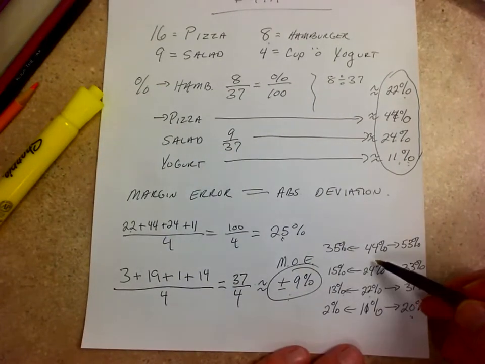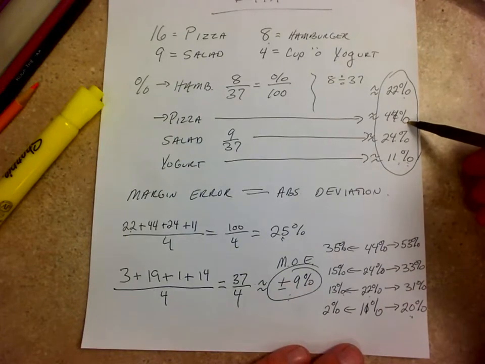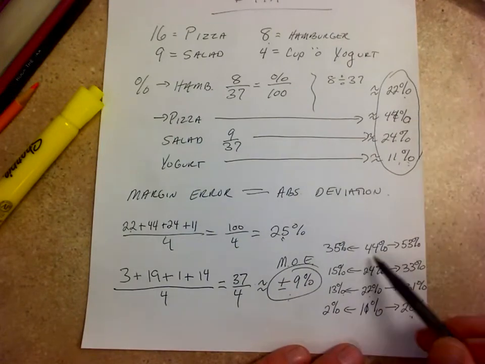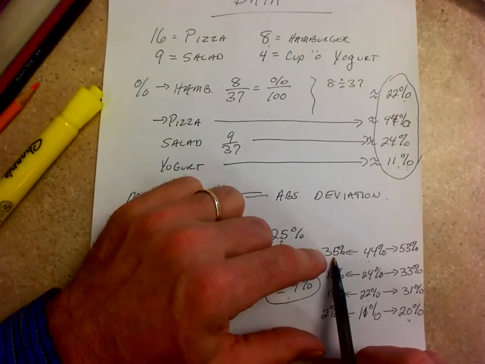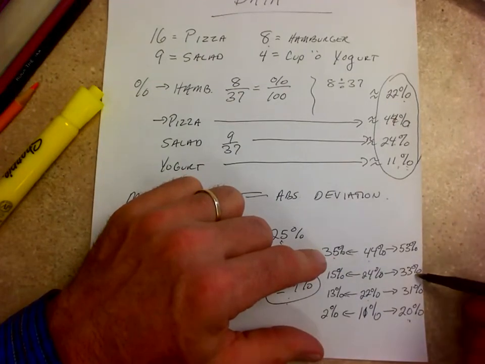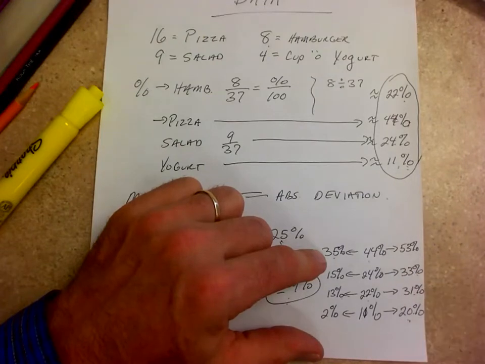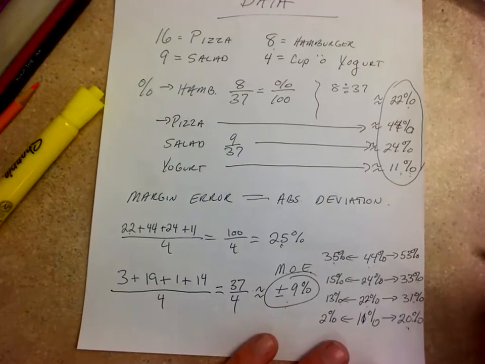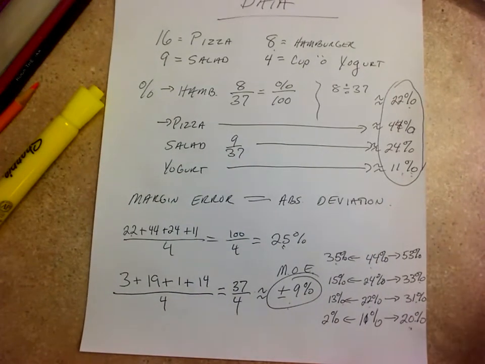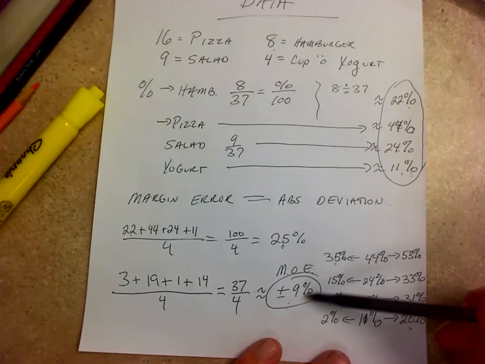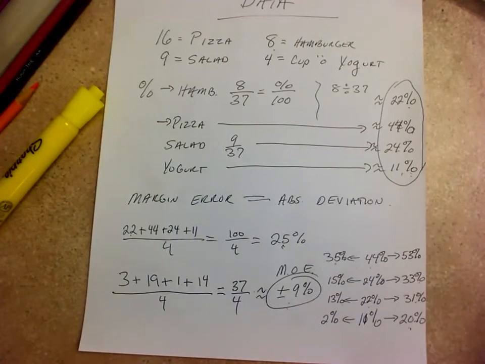Now we can say then pizza is definitely the most favorite, because even on pizza's worst day, worst case scenario, it is still higher than all three of the other ones on their best days. So we can say without a shadow of a doubt that pizza is definitely the favorite lunch menu item. So again, that's how we can use our margin of error. It's a plus minus, best day, worst day.